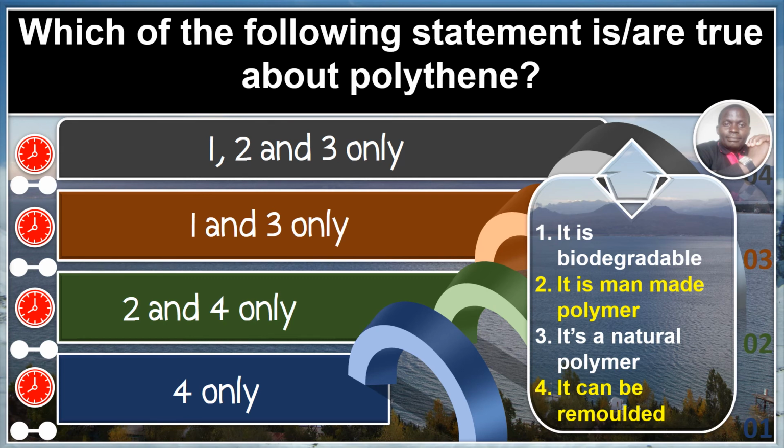It can be remoulded. It's 4 and 2 only, which are: it is a man-made polymer and it can be remoulded.